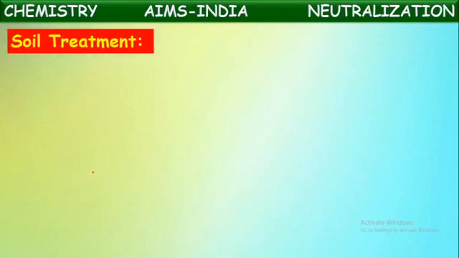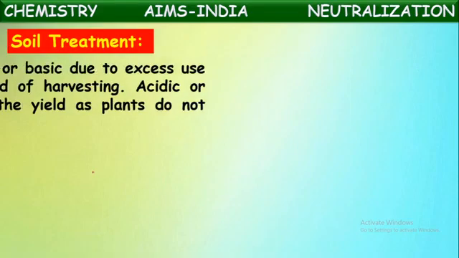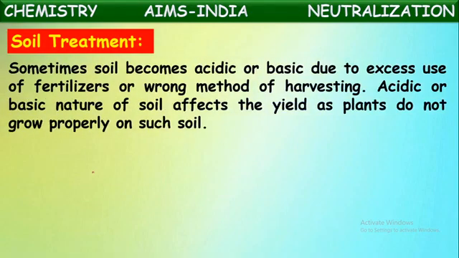Okay, next one, soil treatment. Yes, in the soil treatment also we use these neutralization reactions. Sometimes soil becomes acidic or basic due to the excessive use of fertilizers and even the wrong method of harvesting.